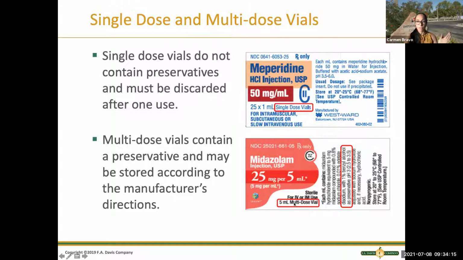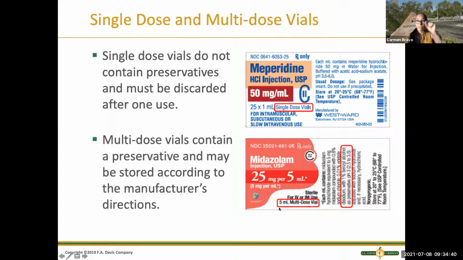Whenever you have multi-dose vials, you have to see for how long they are good after they have been used, and normally that says on the back of the label. And also you need to label these vials. If you're dealing with a multi-dose vial, you have to label it. Some vials are good for 7 to 10 days after you open them.